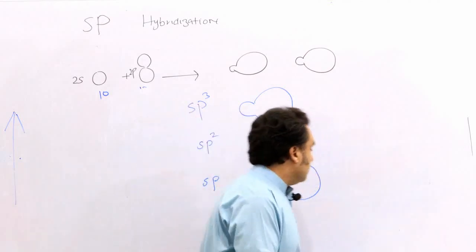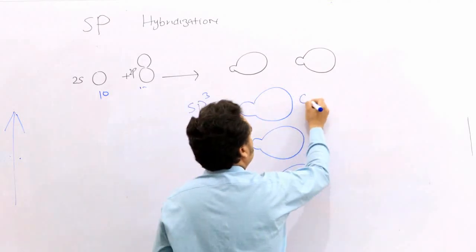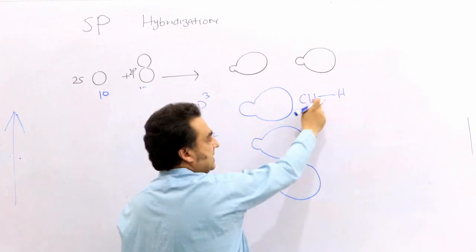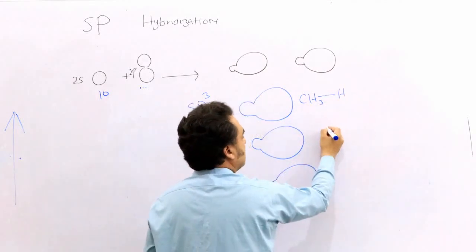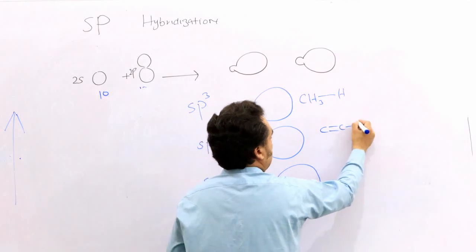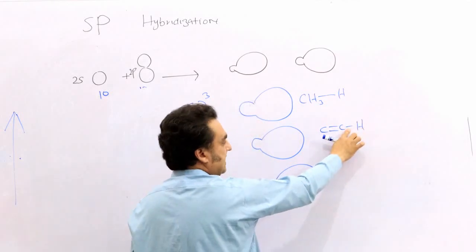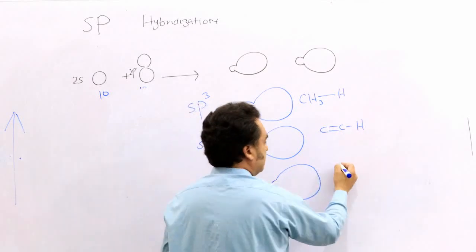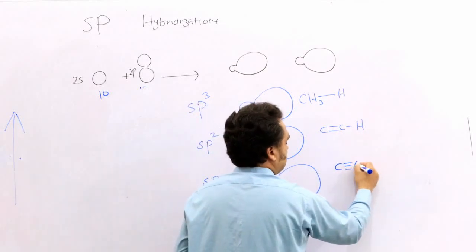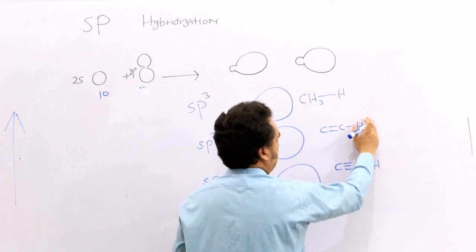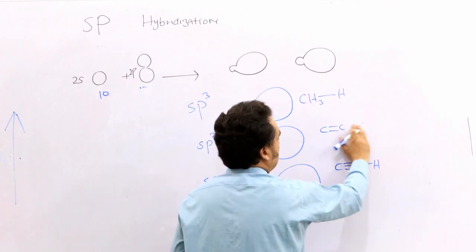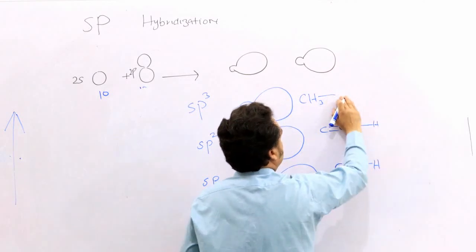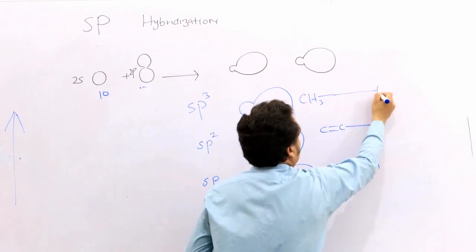Suppose CH3 and this is 1H, this is the sp3 hybridized orbital between C and H, and this one is the sp2 hybridized orbital making a bond with the hydrogen, and here it is the sp hybridized orbital which is making a bond with the carbon. Let me write it in a little more original way.